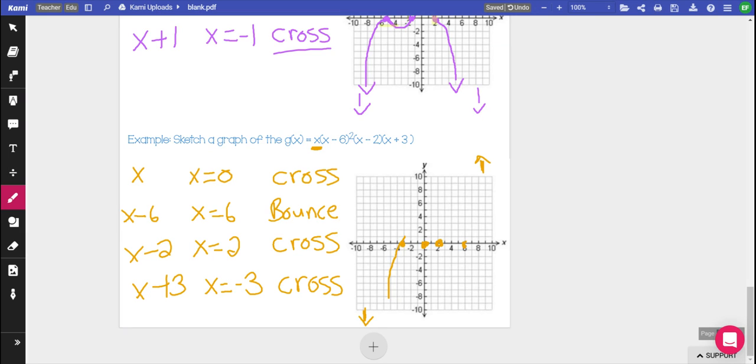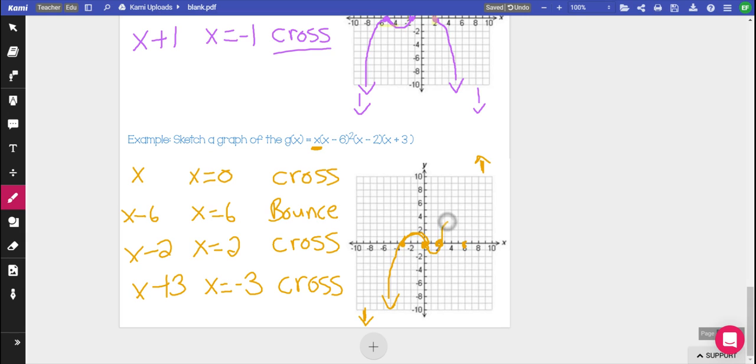Because it's just 0, so we don't have to worry about trying to find another point. So once we get to the 0, we again know that we're going to cross. When we get to the 2, we again know that we are going to cross. We don't know how far down we go, and that's just okay.